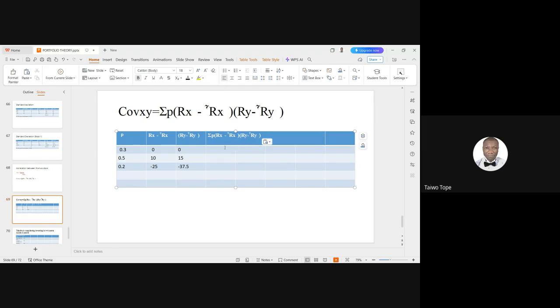So the interpretation is P, the probability, multiplied by RX minus RX bar, multiplied by RY minus RY bar. P multiplied by 0 will give you 0. So 0.5 multiplied by 10 multiplied by 15 will give you what?